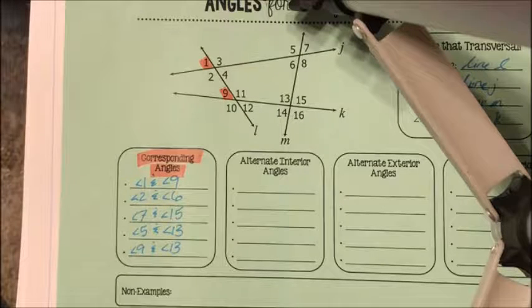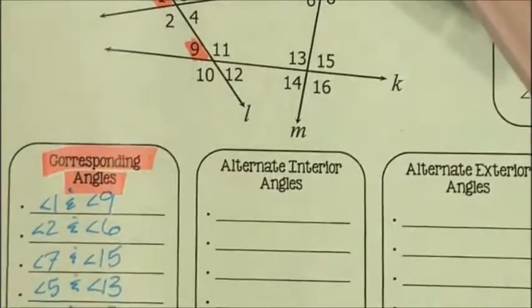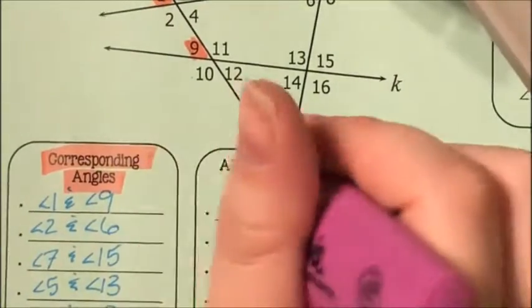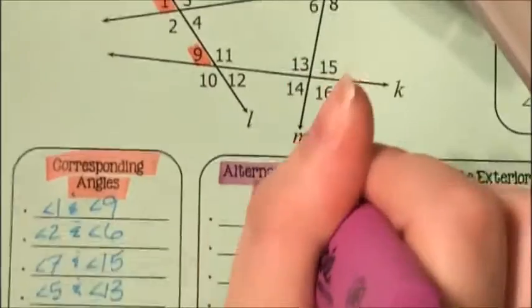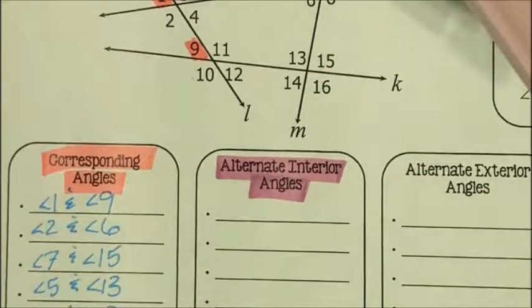Okay. So the other thing we have is alternate interior angles. So keyword is interior. Okay, remember they're alternate.